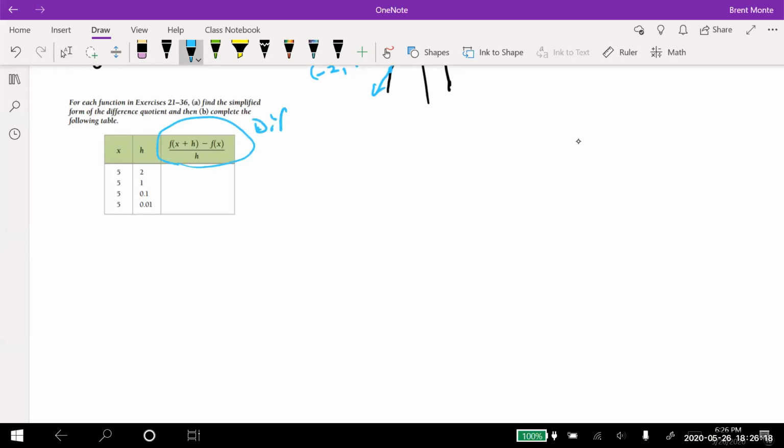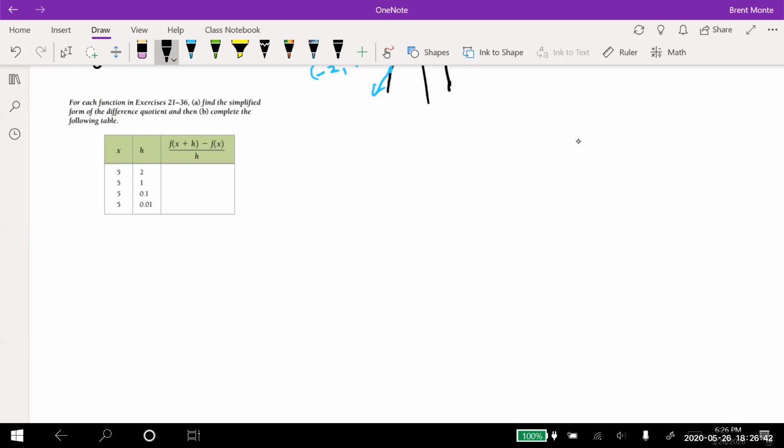We talked about that before. Notice it's the same difference quotient we developed. I don't want that there, so I'm going to erase it. So find the simplified form of the difference quotient and then complete the following table. They give us that table, so we use this for different problems.